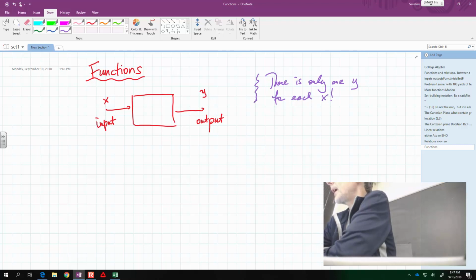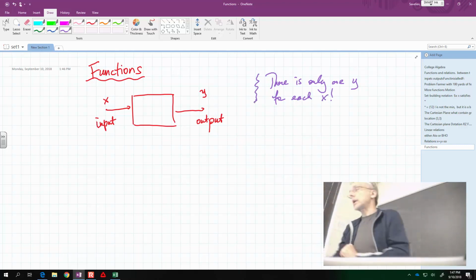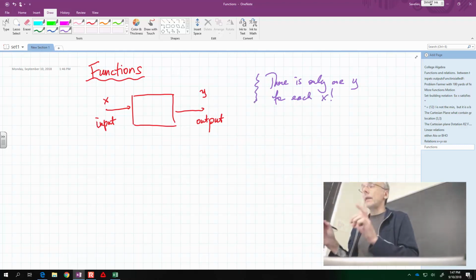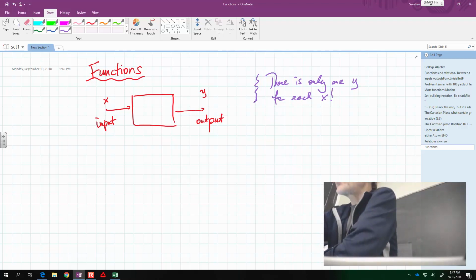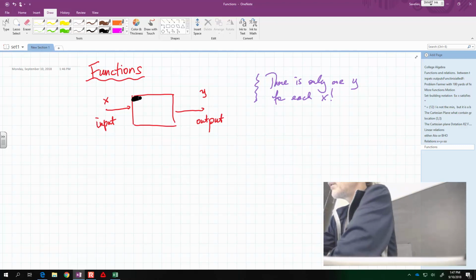So that is why that relation was not a function, and the only way to actually understand it was to use two functions and study them separately. But as you can see, to study relations you still need to study functions. So this is what I like to call the black box idea of a function.